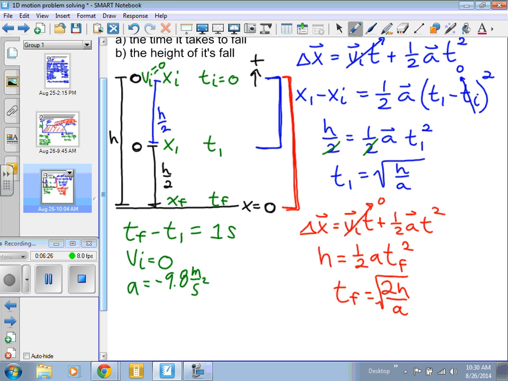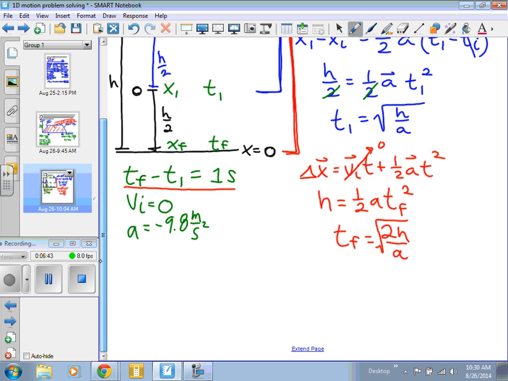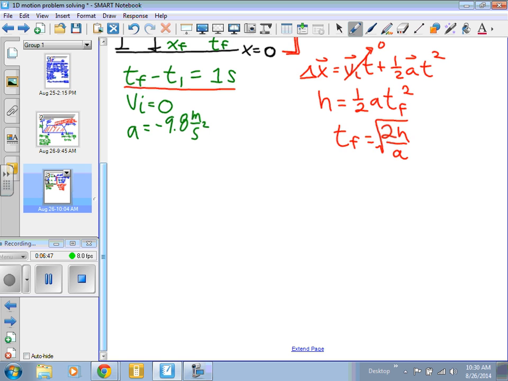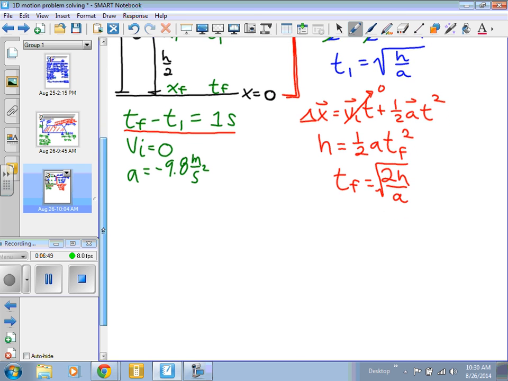All right, so I've got t1 over t final, and I know that t1 and t final are related with this equation over here. So I'm going to do something kind of slick.